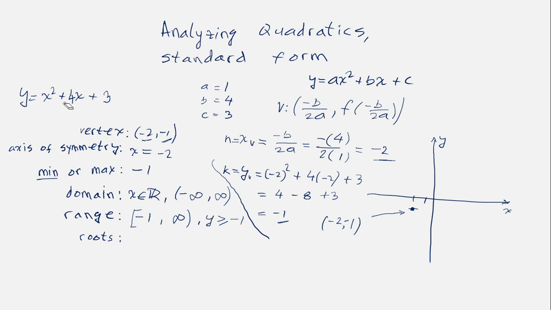If x is equal to 0, then 0 squared is 0, 4 times 0 is 0. So every term that has x in it will be gone, and we'll just end up with y equals 3. So if we have y equals 3 here, 1, 2, 3, we have a point here, and we know this is a vertex, then we definitely know that the function is going to open up.